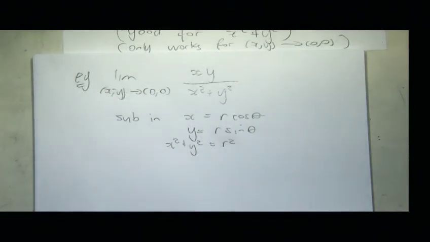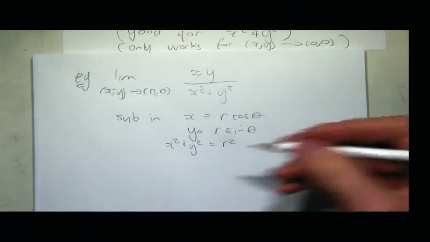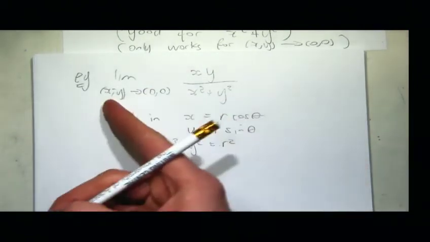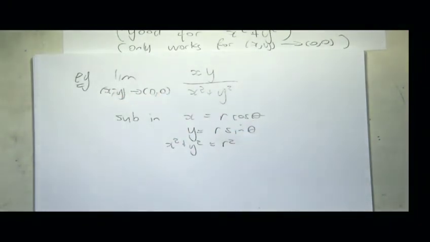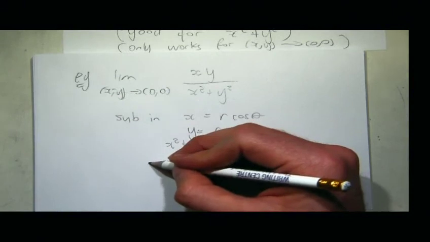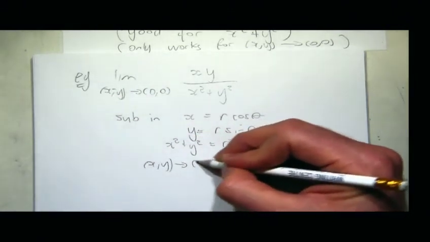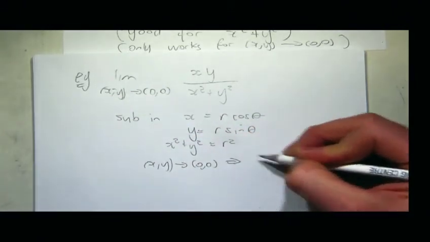That's what you sub in. Then your limit as xy goes to 0, 0 will be the limit as r goes to 0. Xy goes to 0, 0 is replaced with r goes to 0.